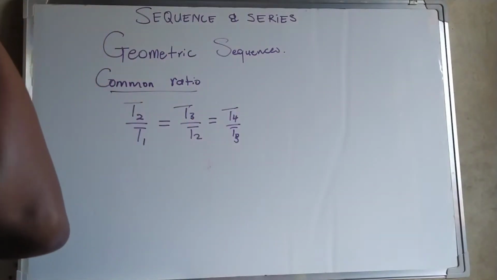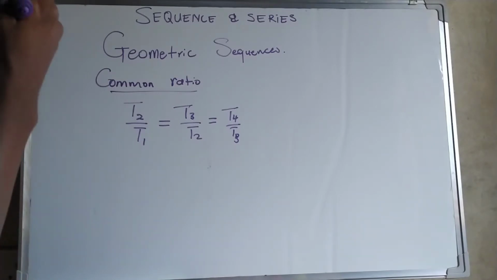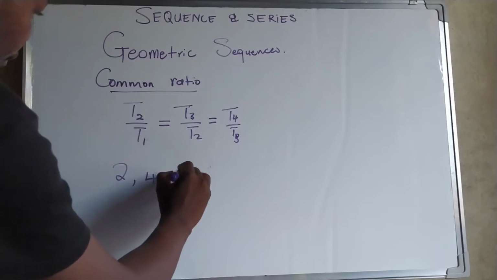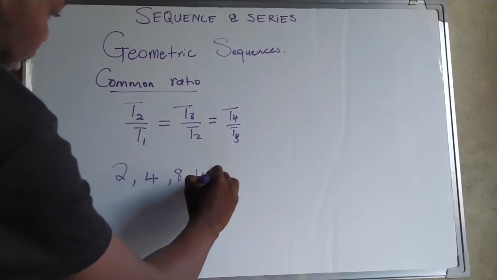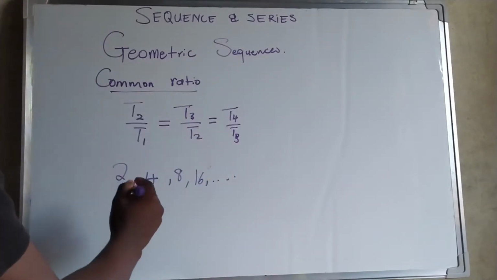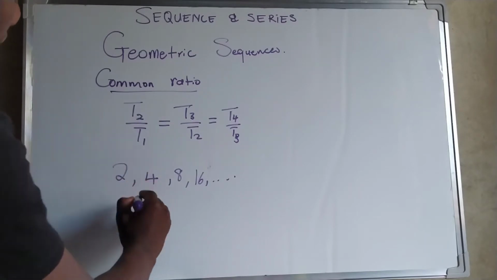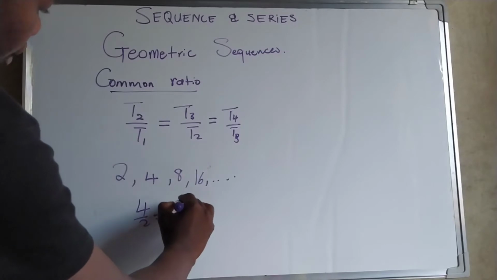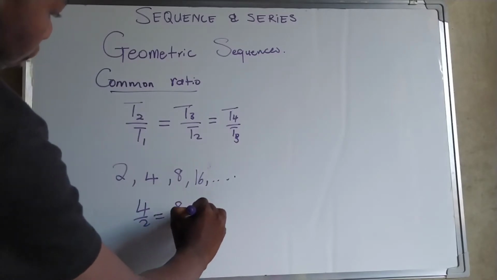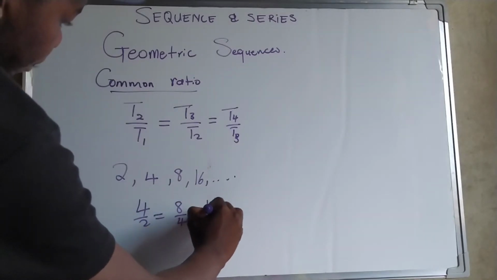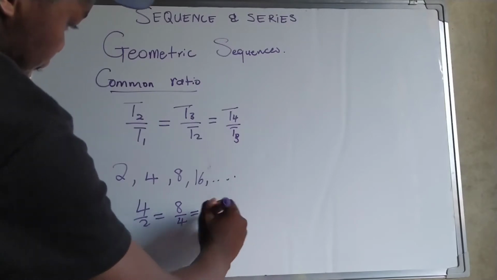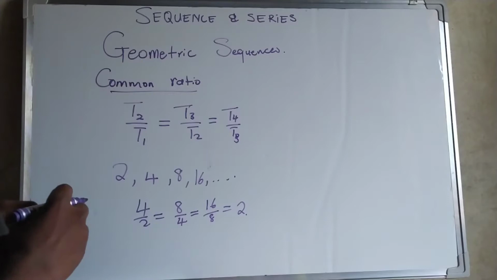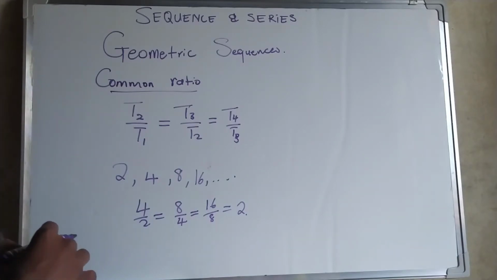So if we look at a sequence, say you have 2, 4, 8, 16, and so on. If you look at T2 over T1, you'll find that you have 4 divided by 2, which is equal to 8 divided by 4, which is equal to 16 divided by 8. This is actually 2. So that is what we mean by a common ratio or a constant ratio.